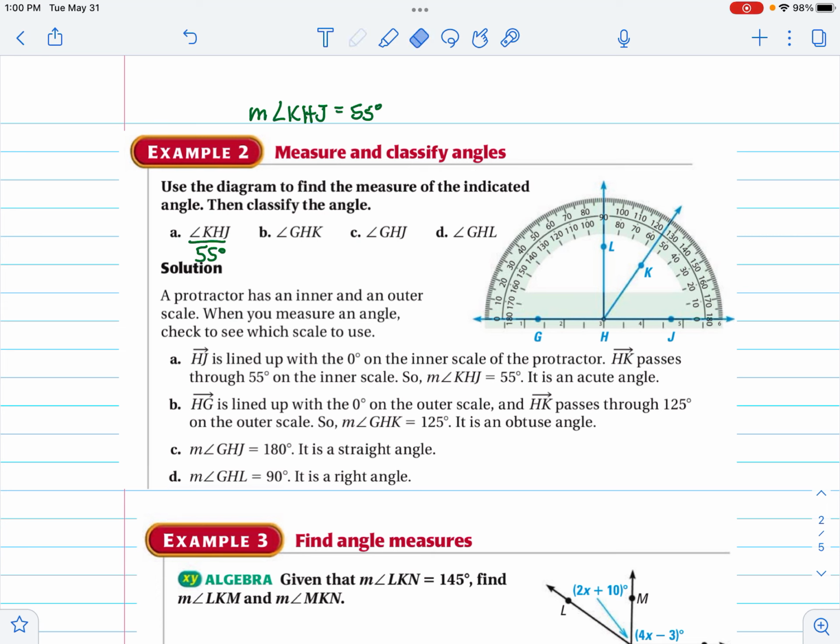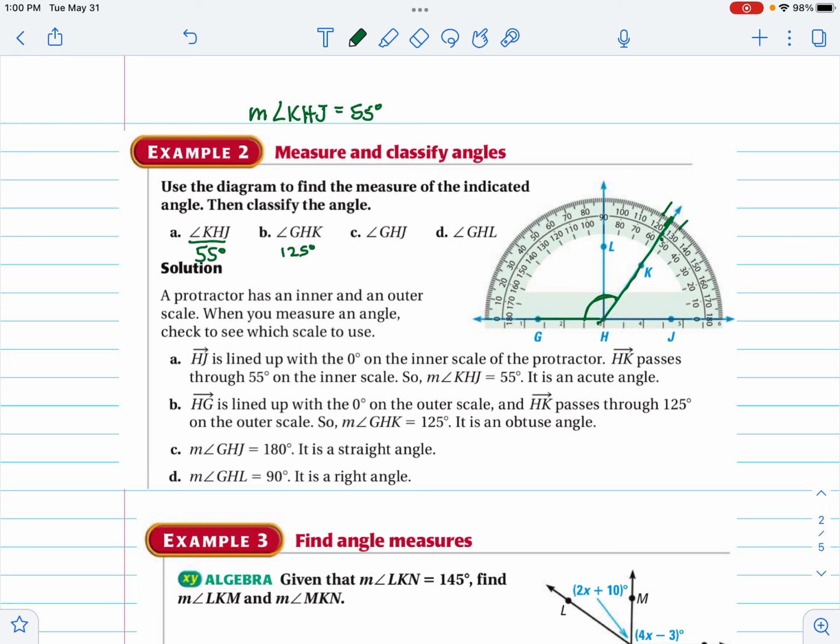Now let's look at GHK. So here's GHK. This is a big angle here, right? So we're going to use the top. It's obviously bigger than 55, so we look up here. It's between 120 and 130. Looks like it's 125, so 125 degrees.